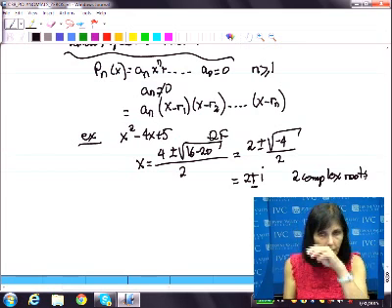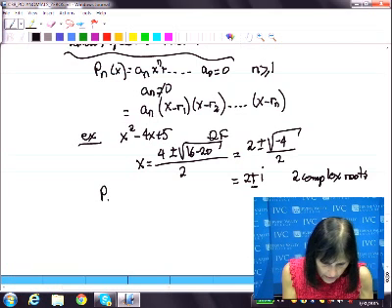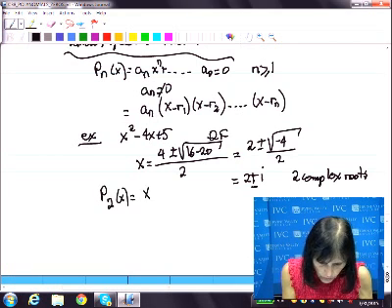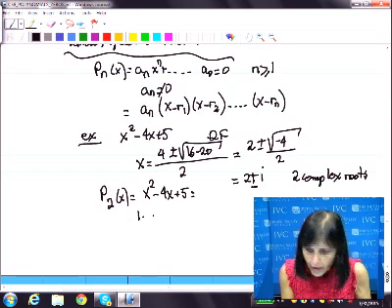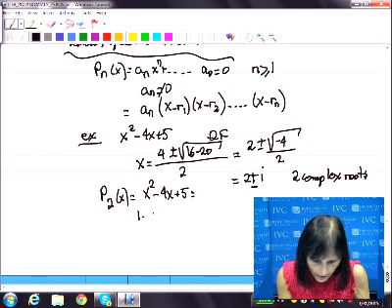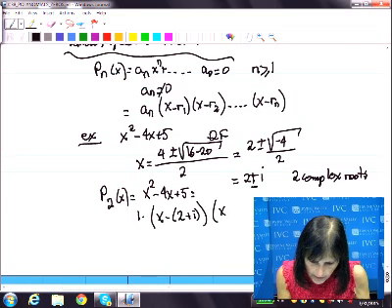And actually, I can write this, x squared minus 4x plus 5, as 1 times the product of the linear factors, which is (x minus (2 plus i)) times (x minus (2 minus i)).